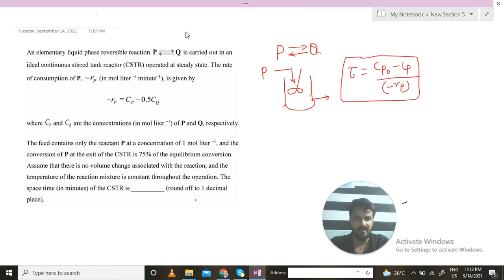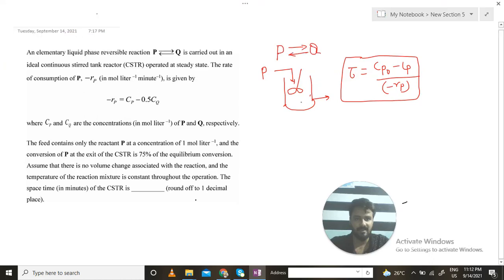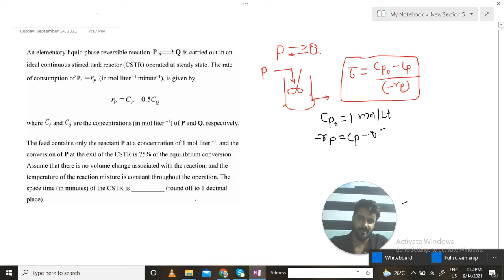Here Cp naught is given in the question as 1 mole per liter. Now minus Rp is also given, written in terms of Cp minus 0.5 Cq.